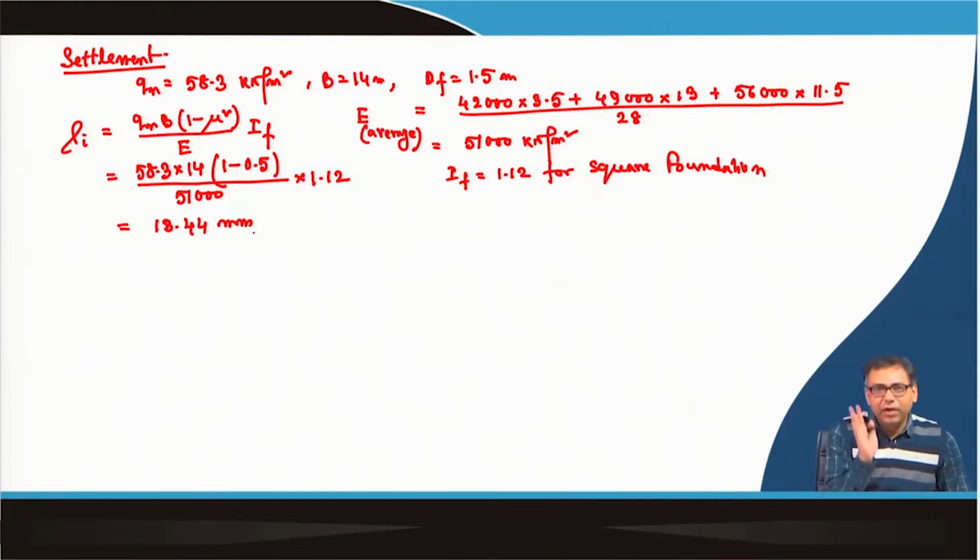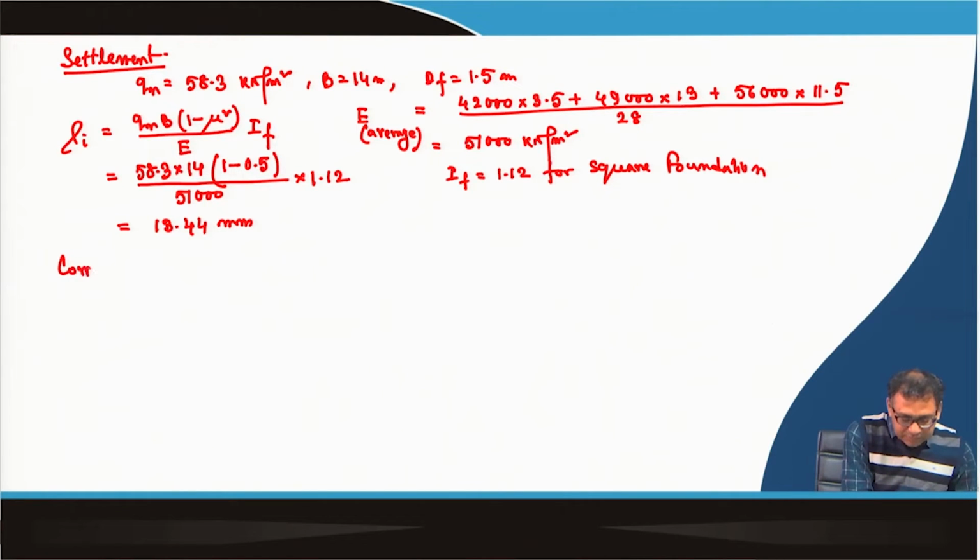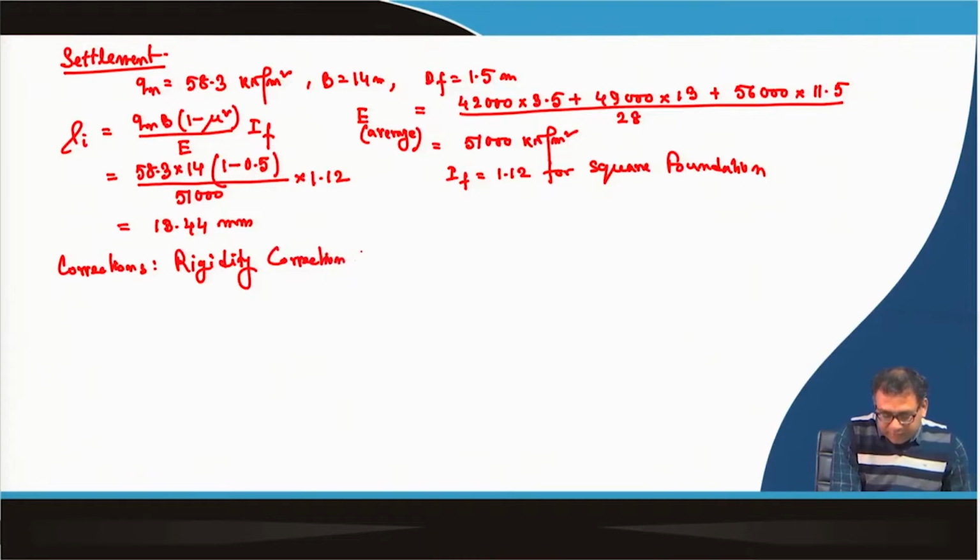Now, we have to apply two corrections. Okay. So, one is the rigidity correction factor, which is equal to 0.8.